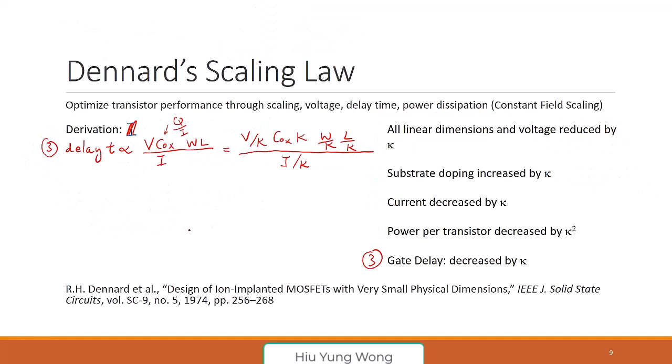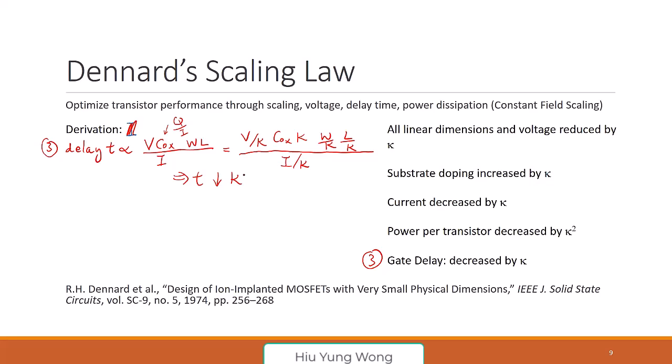Because of this, you see that the delay, if you try to cancel them, am I right? Yeah. This is 1 over kappa squared divided by kappa, right? Reduced by kappa.